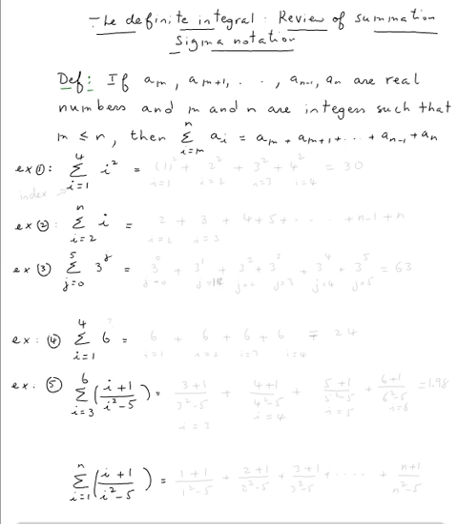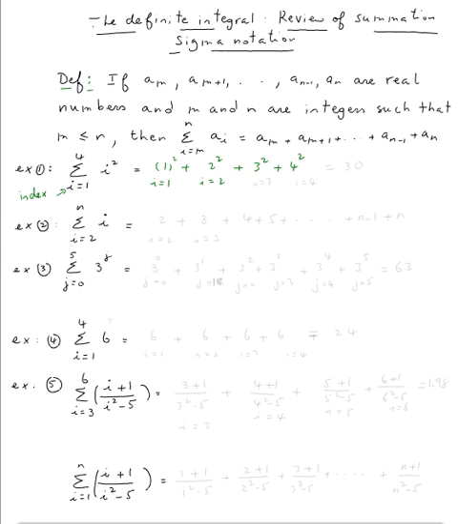So let's do example 1. We need to find the sum of i squared from i equal 1 to 4. In other words, i is called the index of the summation. So what this means is the summation from i equal 1. When i is equal to 1, we plug 1 into i squared and get 1 squared, plus when i is equal to 2, we get 2 squared, plus i equal 3 gives 3 squared, plus i equal 4 gives 4 squared.